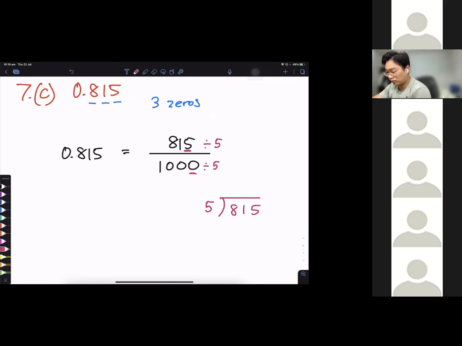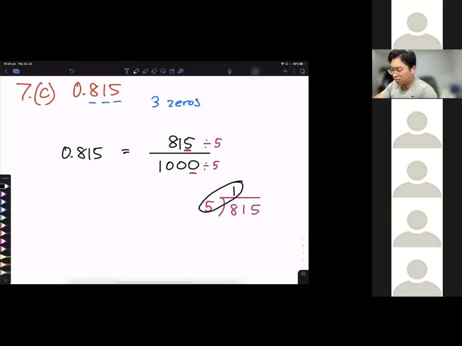How many times does 5 go into 8? Yep. How many times is that, Mohammed? Once, okay. And how much do we have left over till we get to 8? And then you put the 3 next to the 1. Yep. So 5 times 1 is 5. To get to 8, you have 3. So what's your number now?